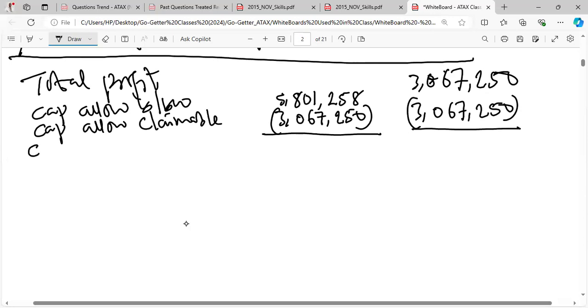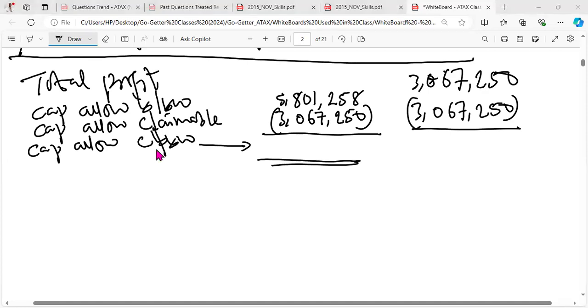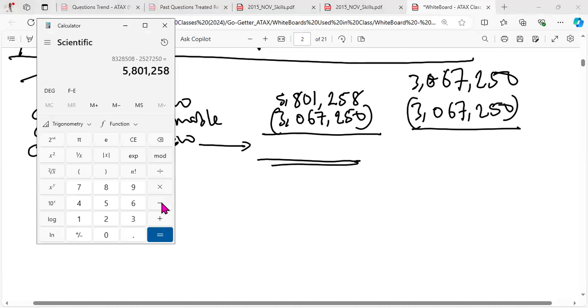Then this is your capital allowance carried backward. How much is it going to be? Bring our calculator. We're going to remove 3,067,250. It gives us 2,734,8. 2,734.8.